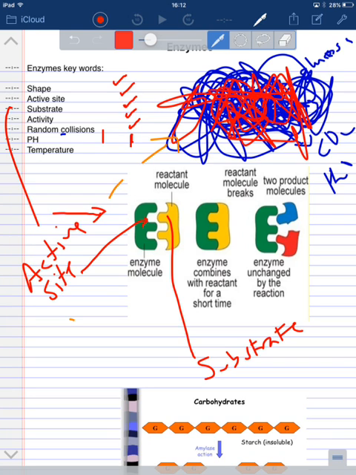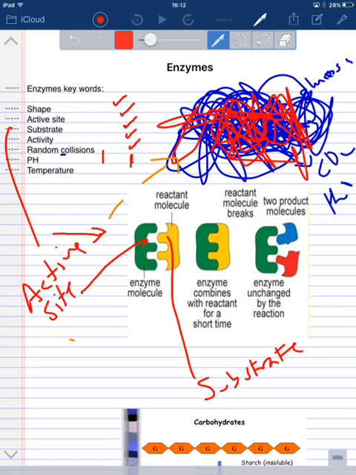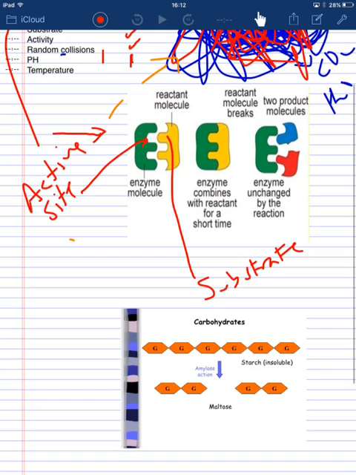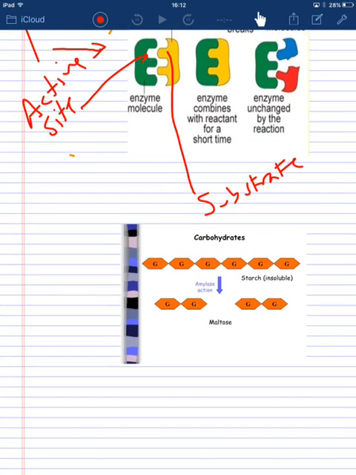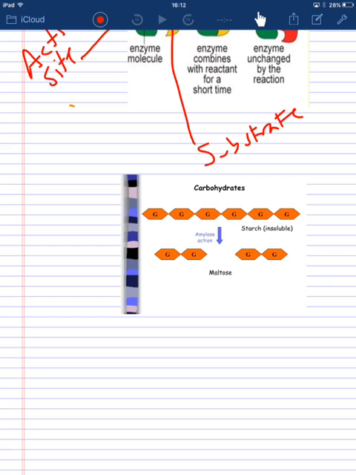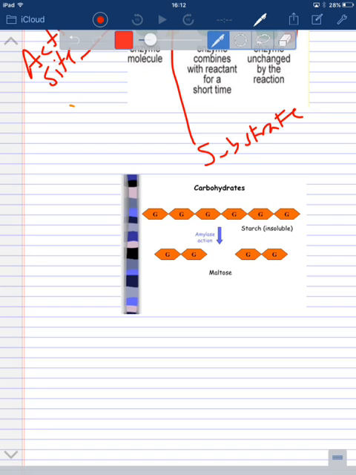So, how does this work in an example that we've met in digestion? Well, if we look at something like amylase. Amylase is an enzyme which breaks down starch into more simple sugars, more specifically maltose. So here is starch, and it's made of lots and lots of G's, which are glucose molecules bound together.